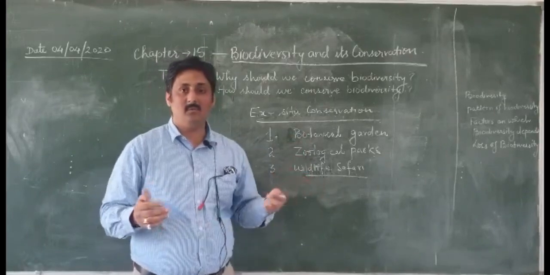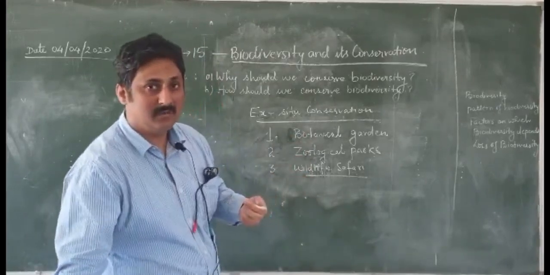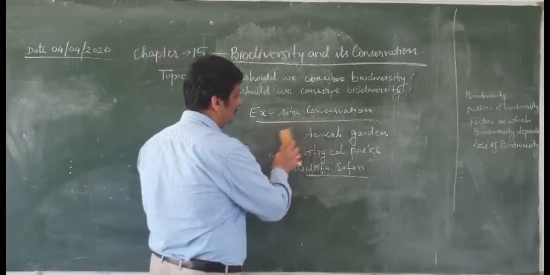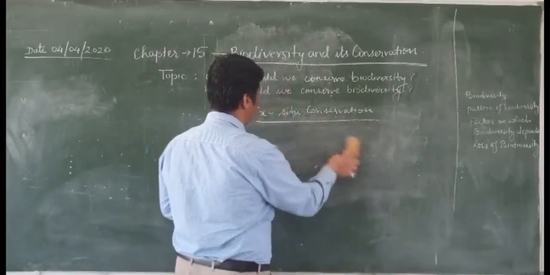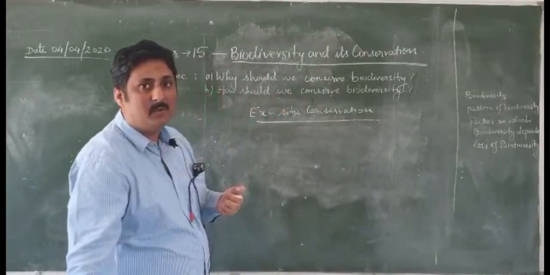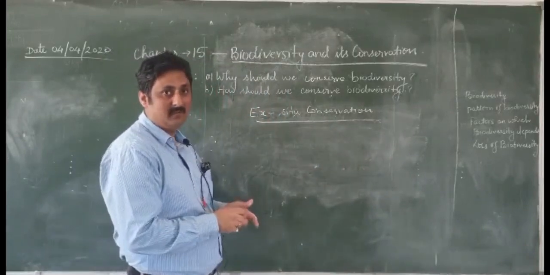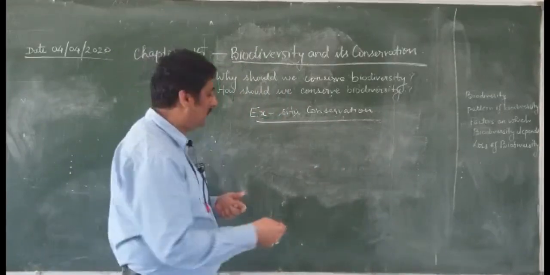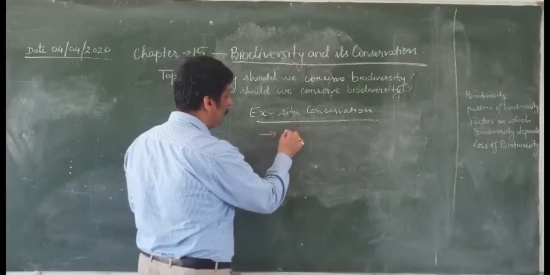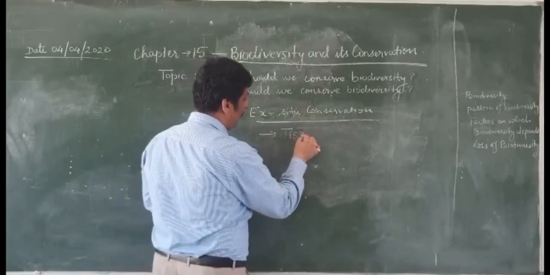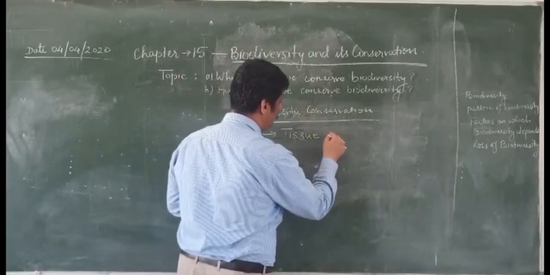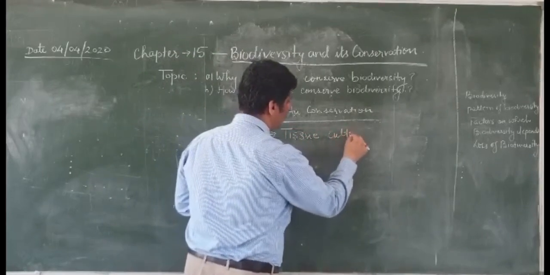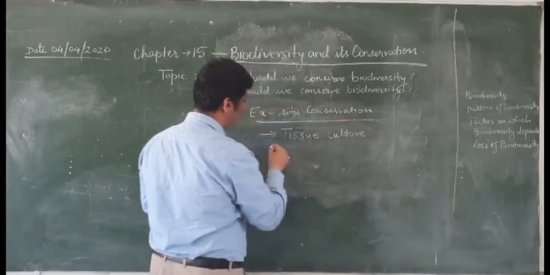Today, due to the development of modern science and technology, many other things have been included in ex situ conservation. For example, in case of plants, we employ tissue culture in order to increase the number of endangered plants.